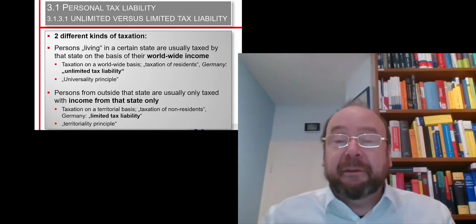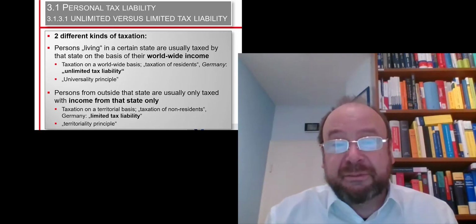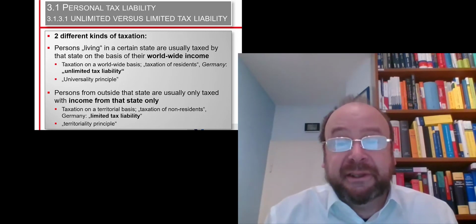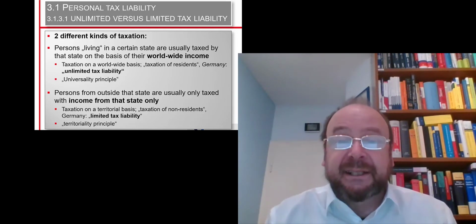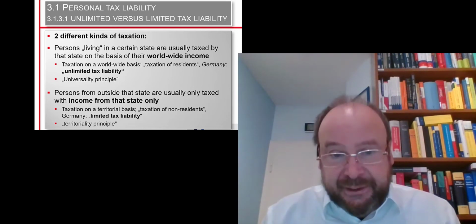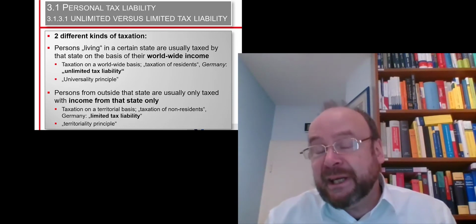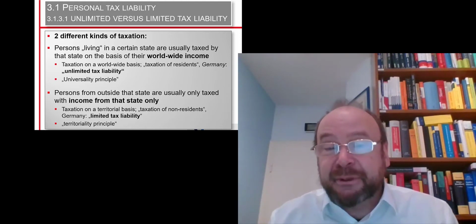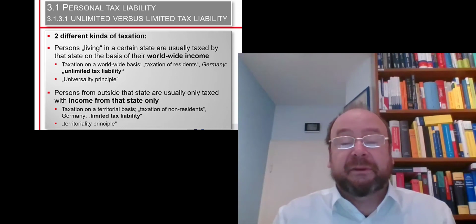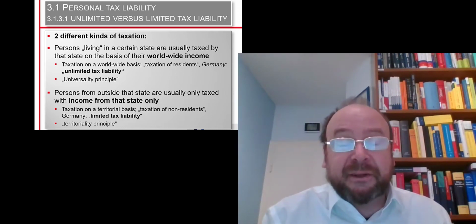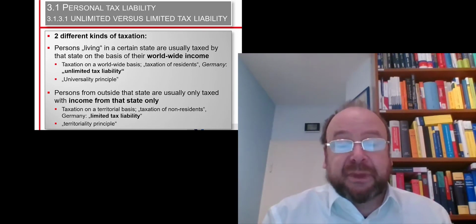That's unlimited tax. And my recommendation would be always speak of unlimited tax liability. Don't speak of unlimited taxation. That creates the wrong associations. Already unlimited tax liability sounds strange and sounds brutal to others because they all think of the rate, which might be unlimited. It is not. The only thing is the tax claim is not limited to the inland.